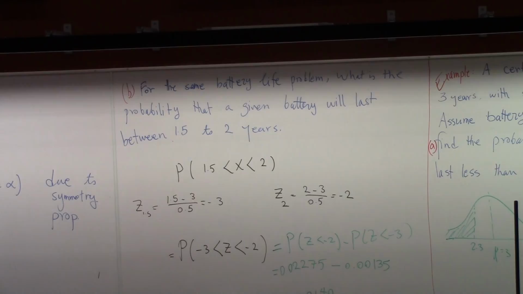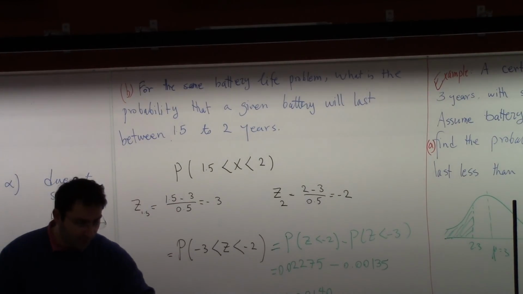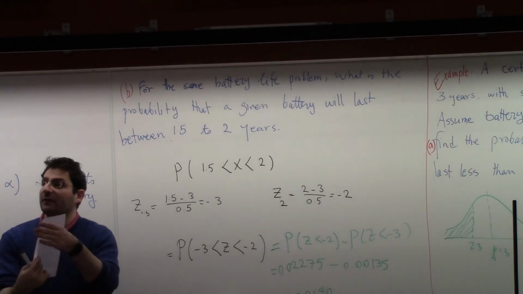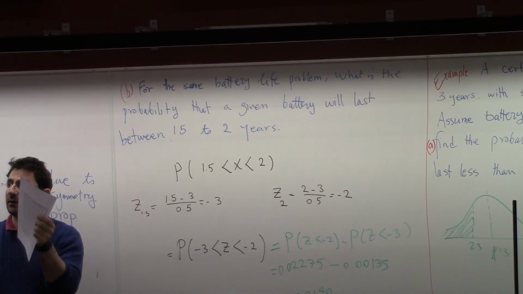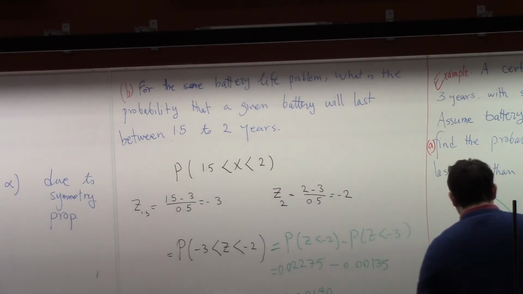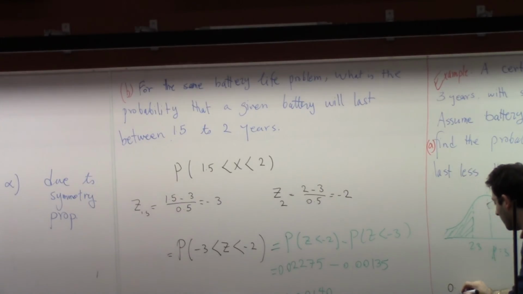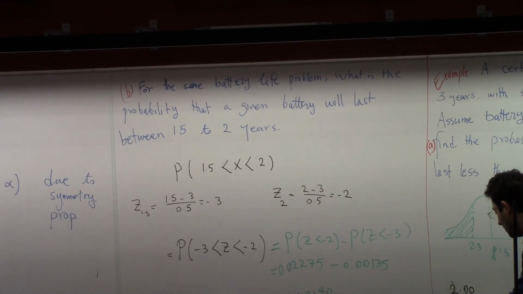Why do we use this 0.00? Because the precision of this table that you have is 2 digits after the decimal point. In other words, the numbers in the table that you have are like 2.00, 2.01, 2.02.